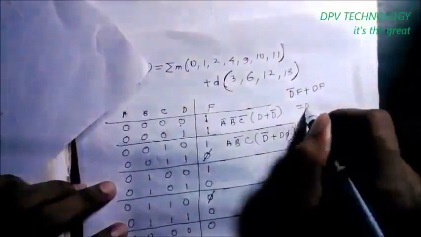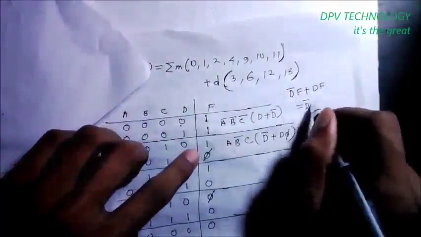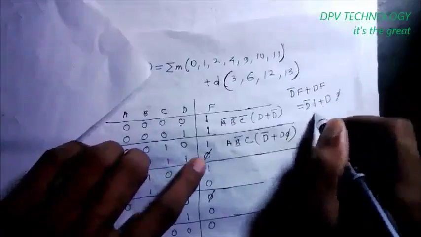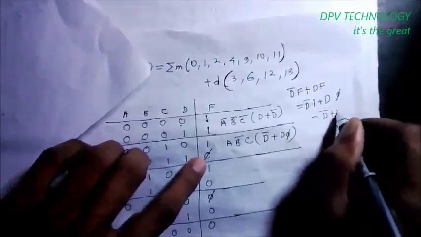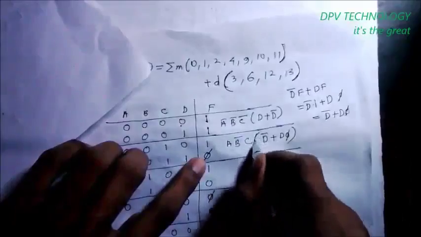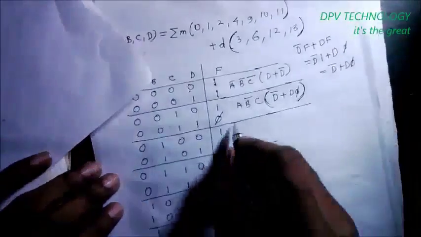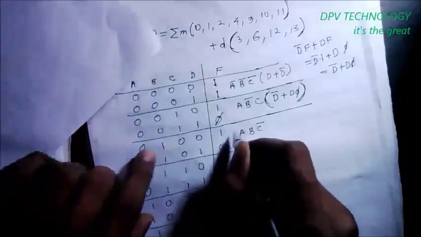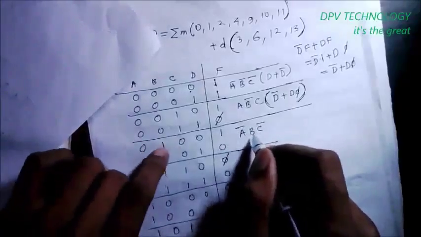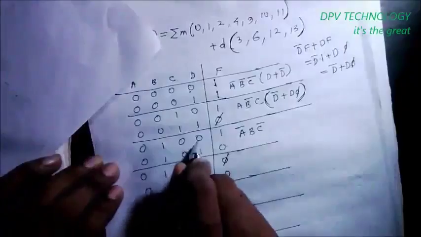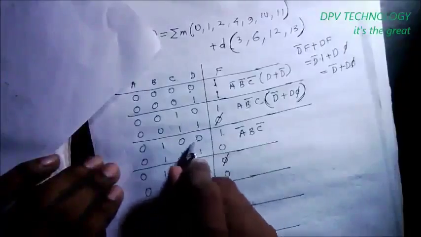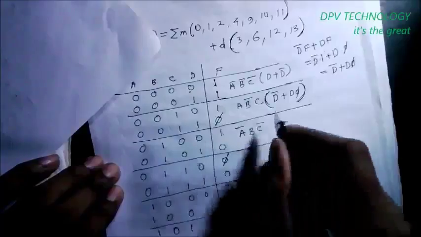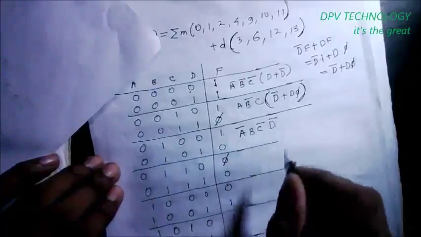You can see how I get this by putting it like this also, D bar F or DF. Now put the value of F here. F is 1, and here D and F is don't care. So you will get D bar and D don't care. So you can get this directly also. Now here it will be A bar, B, C bar. F is 1 when D is 0, and F is 0 when D is 1. That is, it depends on D bar.